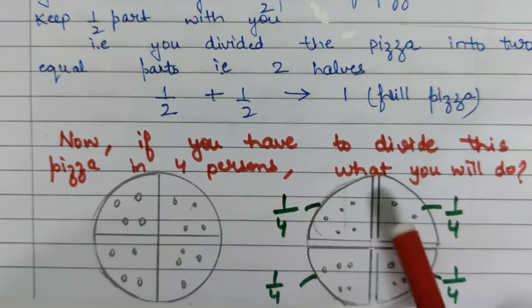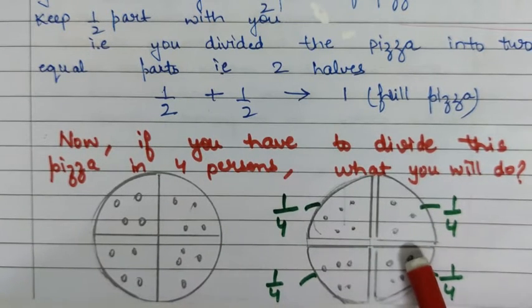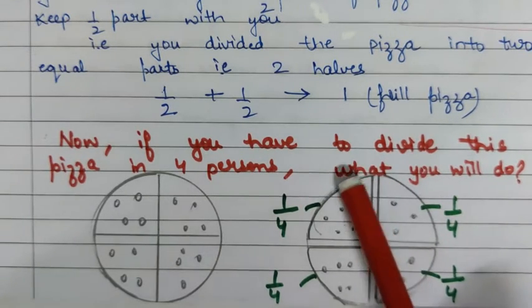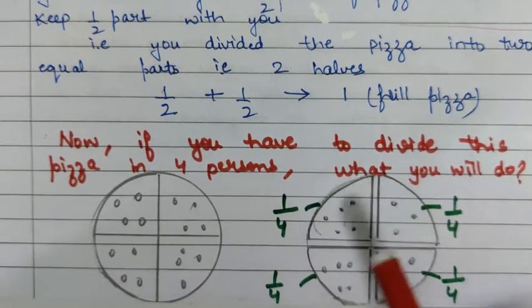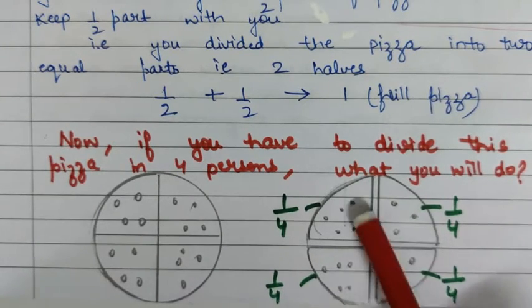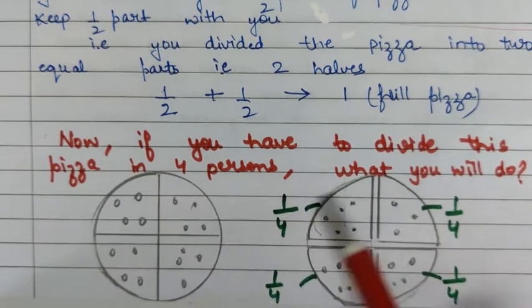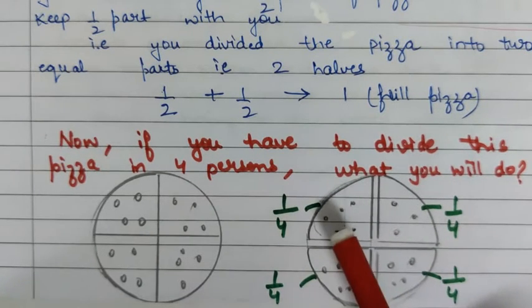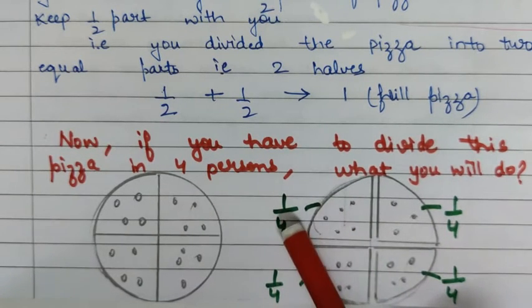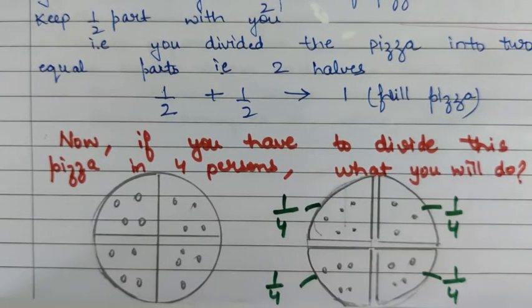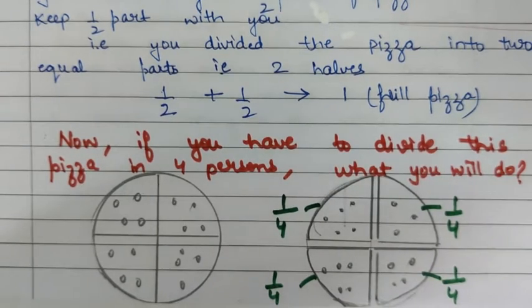You will divide this pizza into 4 equal parts. 1/4 part, 1/4 part. These 4 parts you have divided the pizza into 4 parts. Now each part represents a fraction. Okay?